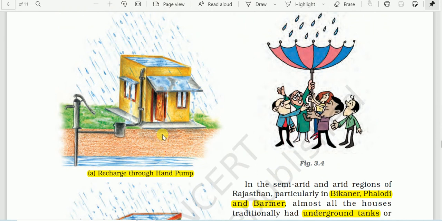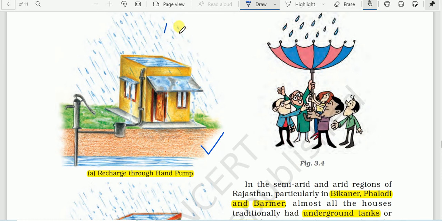So this is about rooftop rainwater harvesting. And this one is the technique of recharge of rainwater through the hand pump.